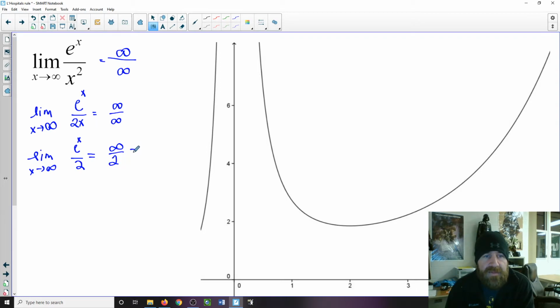Remember, when the top is growing faster, that's just approaching infinity. If we look at our graph, we're approaching infinity on the x. What's the y doing? If we could zoom out, this is approaching infinity. So infinity would be the answer here.